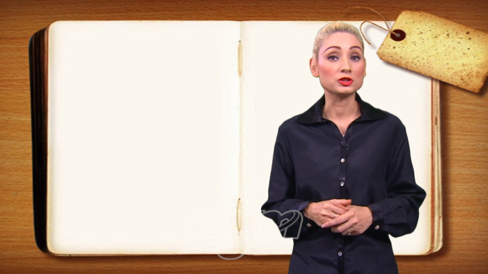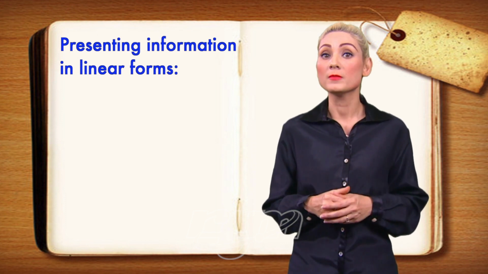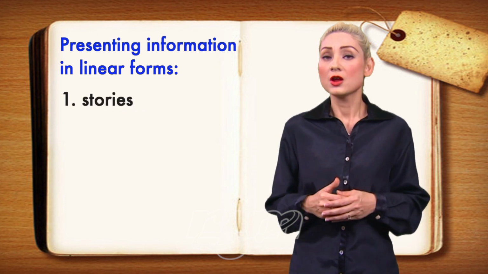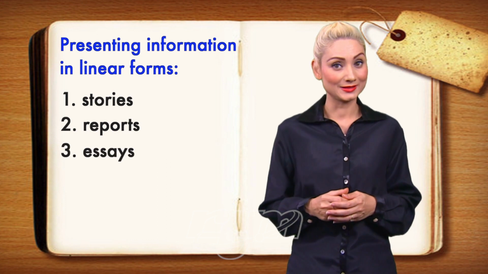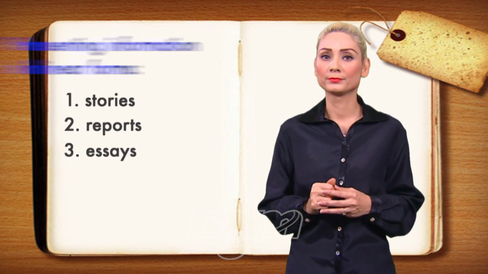We present information in different forms to serve different purposes. We present information in linear form when we want to write stories, reports, and essays. We want to tell readers in detail about something. On the other hand, we present information in non-linear form because sometimes readers do not have time to read pages and pages of text.